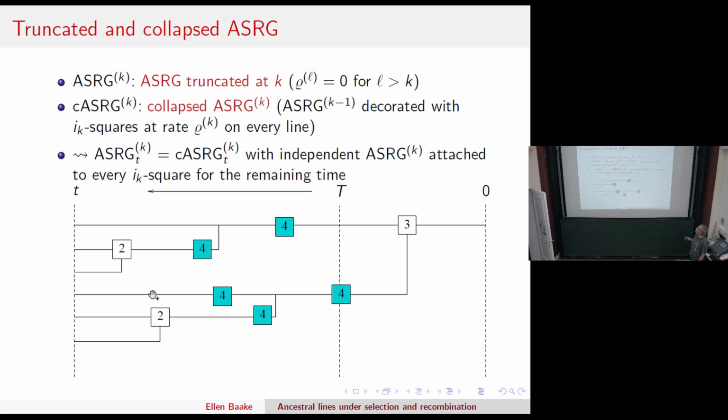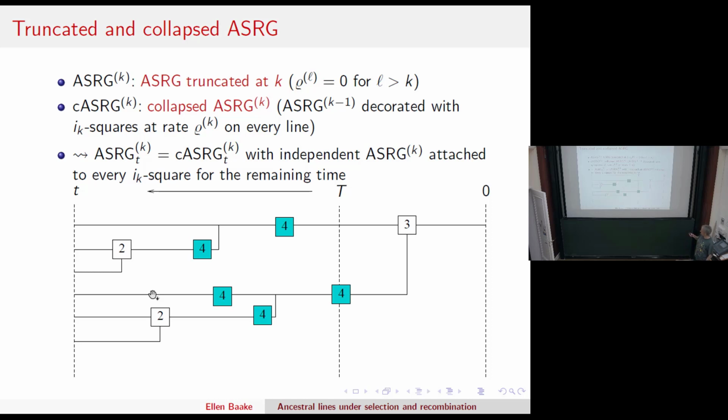So we just make an ASRG where all recombination rates beyond k are set to 0. And then, we want to express omega k in terms of omega k minus 1, so we want to make a connection between the ASRG k and the ASRG k minus 1. So we want to couple the two.